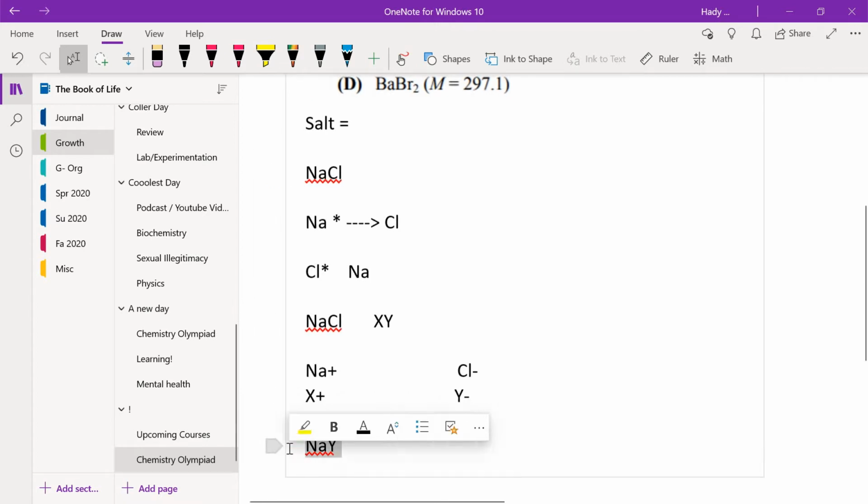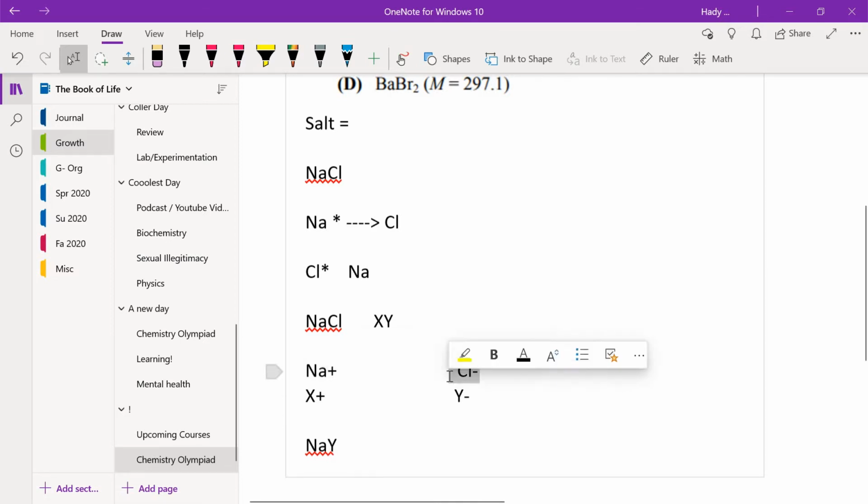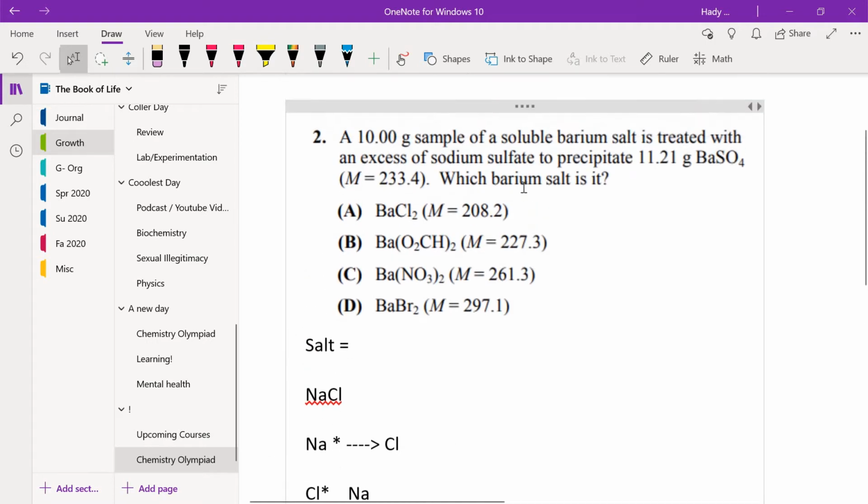Mainly because these don't separate from one another anymore. Na can go back to forming with Cl, but it'll just separate again. Once this particle runs into this particle while in water, it will stay that way. So back to this question.